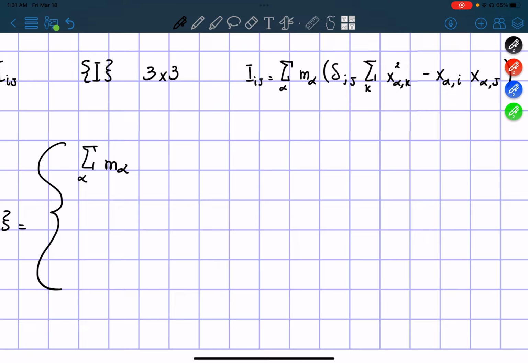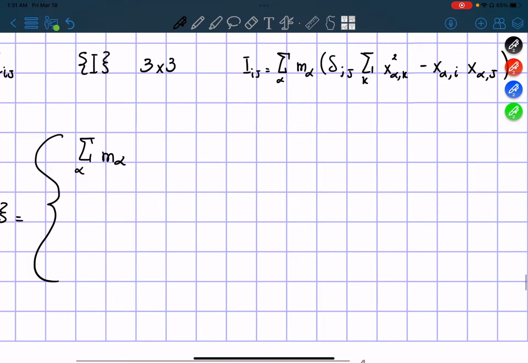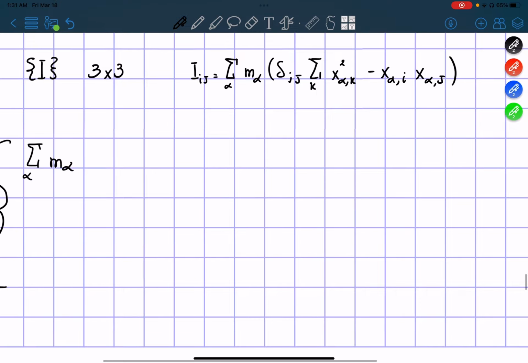I'm not going to solve it. The only thing I'm going to do is use my I and J. So for position 1, 1, our I will be 1, J will be 1, so our chromatic delta is going to be equal to 1. So it's going to be the summation, I'm going to write it a little quickly, of x alpha k squared. So we have to solve this.